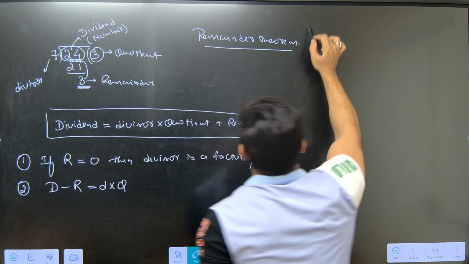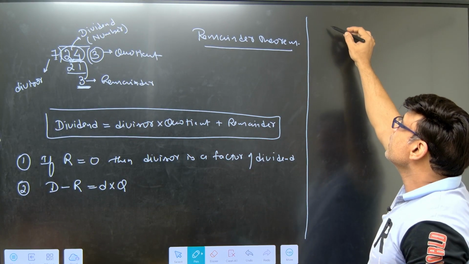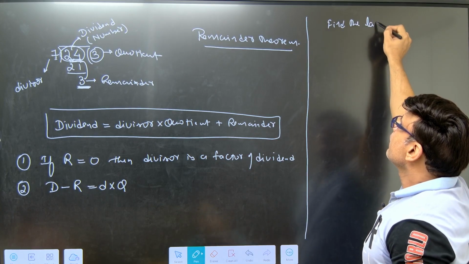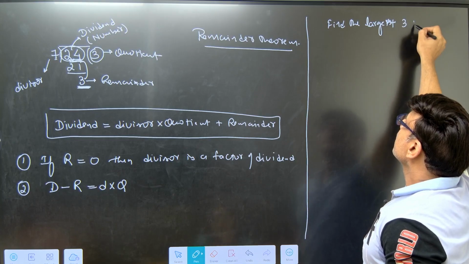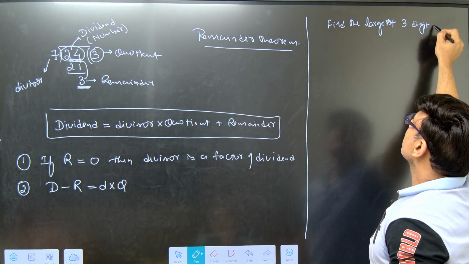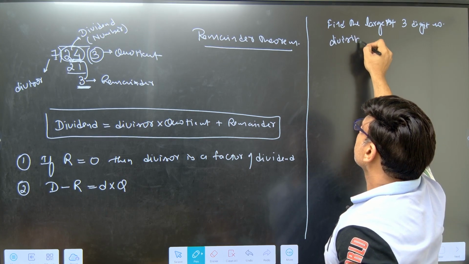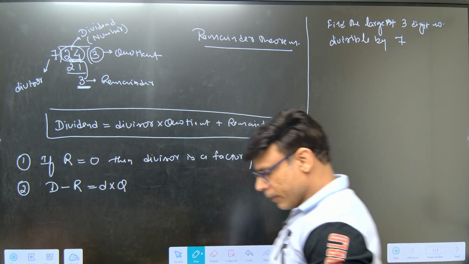Now, the concept is based on this. Find the largest 3-digit number divisible by 7. There is a question.